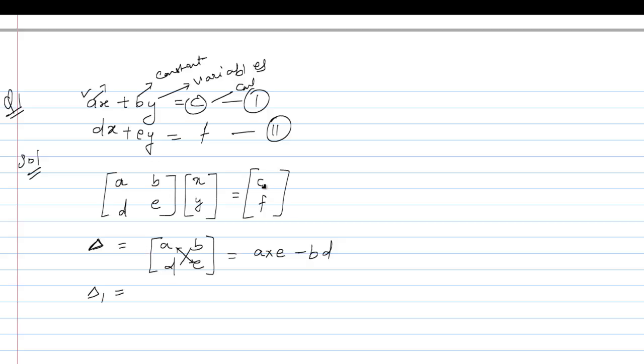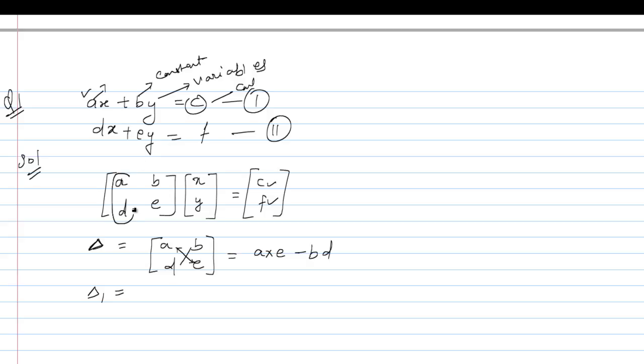The constants are c and f. As I already said, for finding the determinant for x, replace the coefficient of x in the original matrix by the constants, so that we get determinant delta 1.